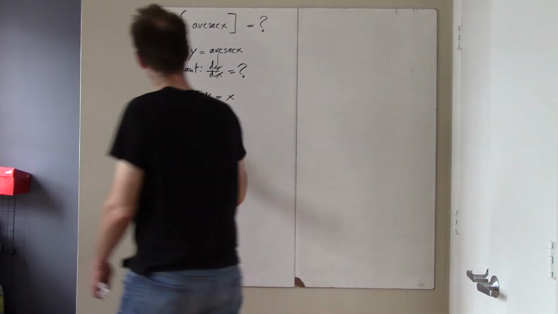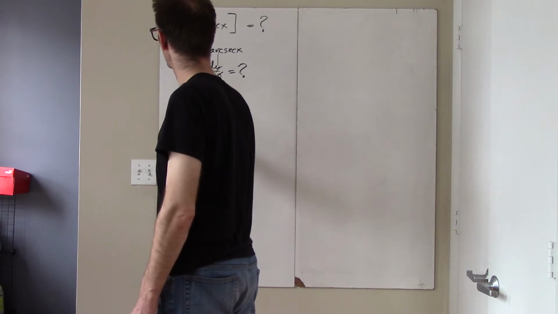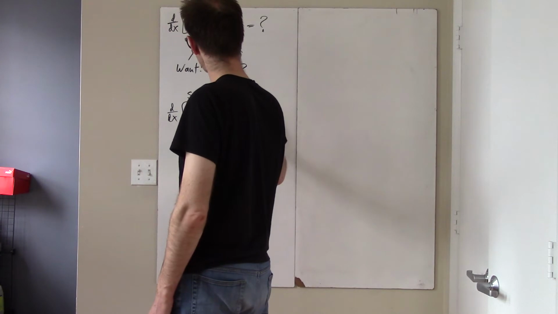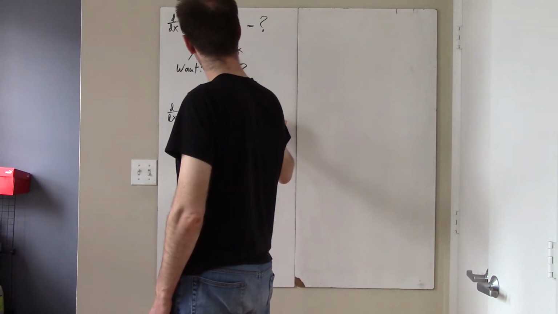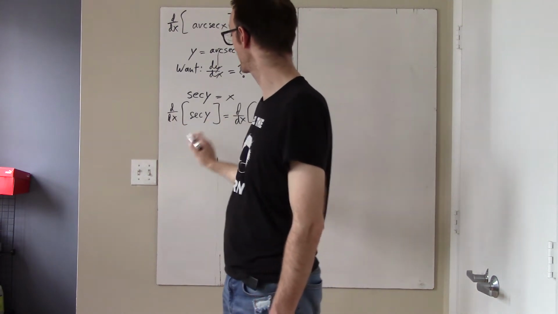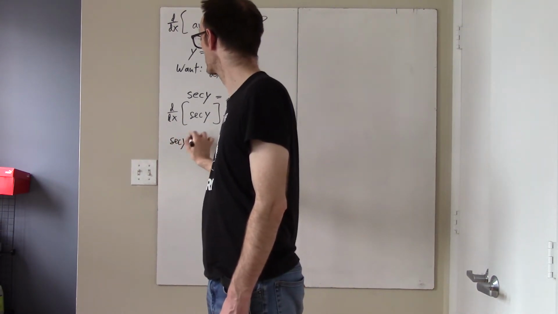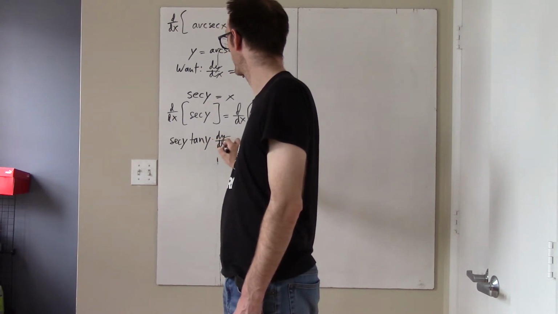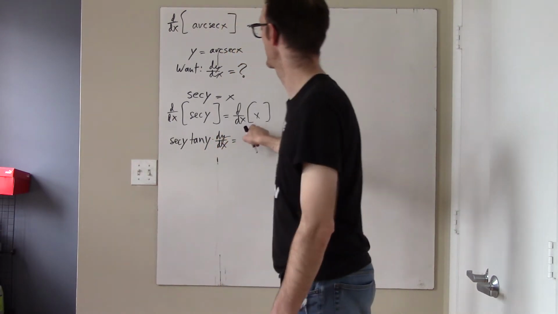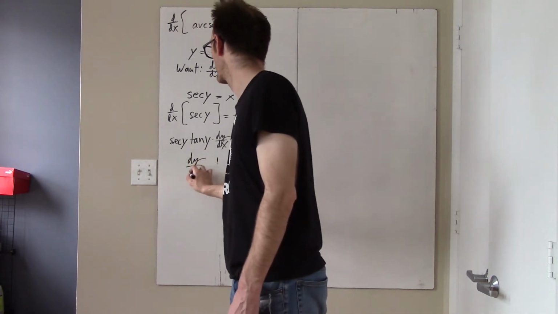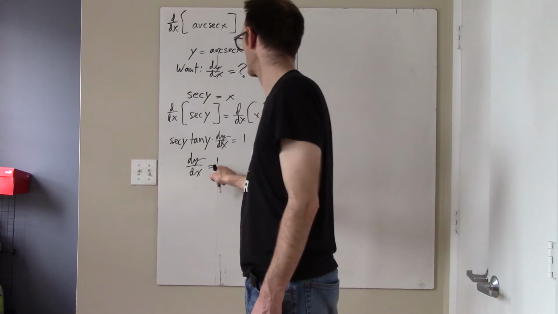Well, this is just great, because I can differentiate both sides of this equation with respect to x, and over here I get that the derivative of secant of something is secant something tan something back inside for the derivative of the something. And the derivative of x, of course, is just 1. Okay, so this is like a 3-minute process, basically.